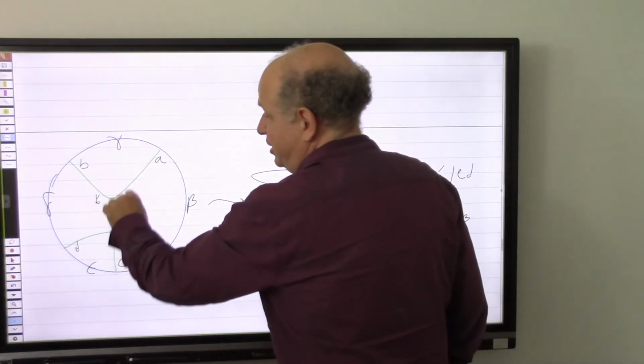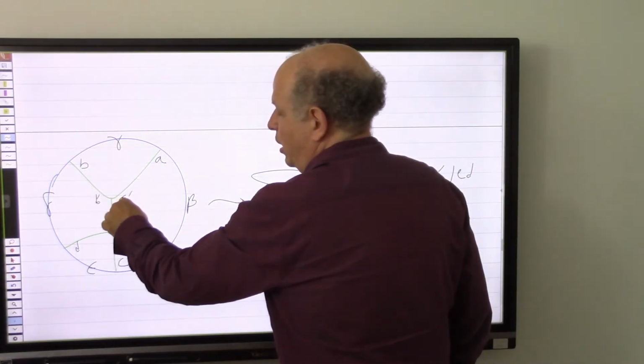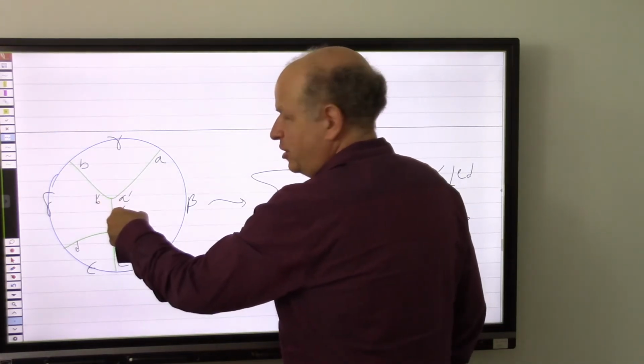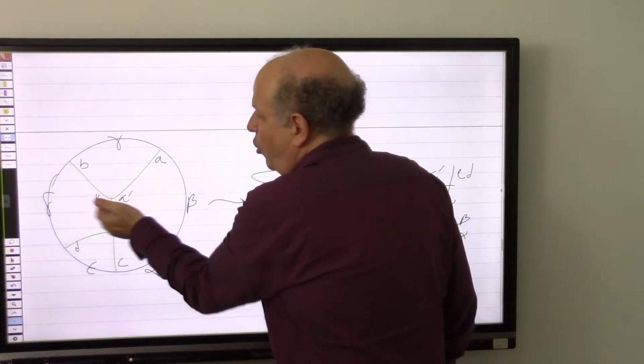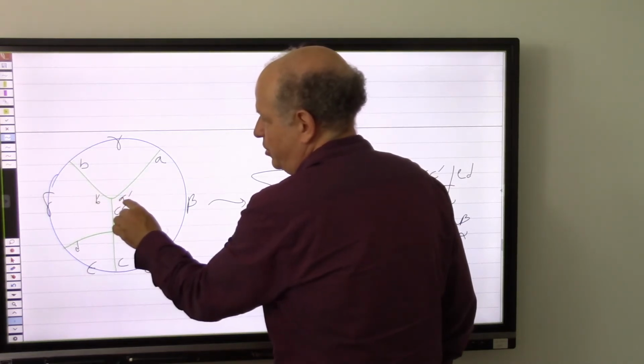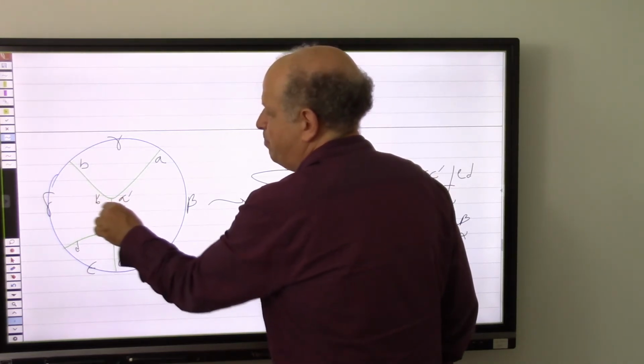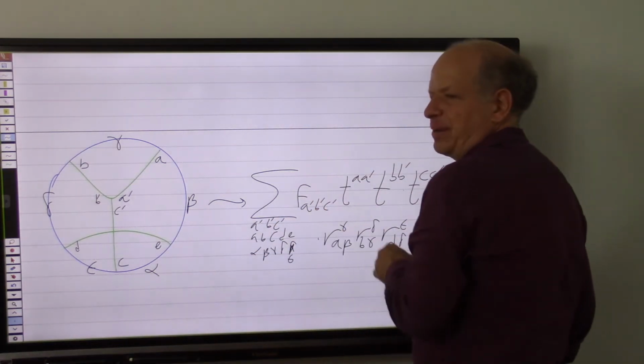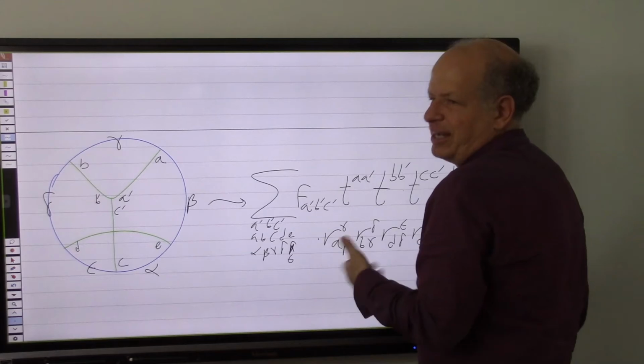The vertices were oriented. Sorry, for the vertices, there was no ordering, only a cyclic ordering. So how did I know whether to write A prime, B prime, C prime, or C prime, A prime, B prime? The answer, again, it doesn't matter.